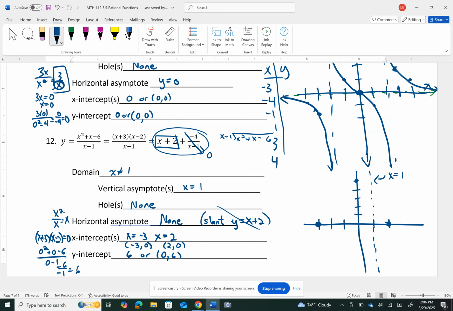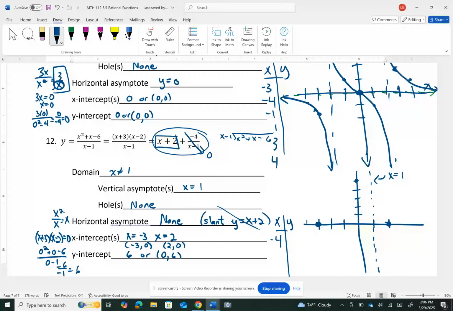And so we could put in a few more values to kind of see what's going on. So we could do the T-chart idea. We could look at, okay, well, what if I'm over here at like -4, and we could plug it in and work it out.